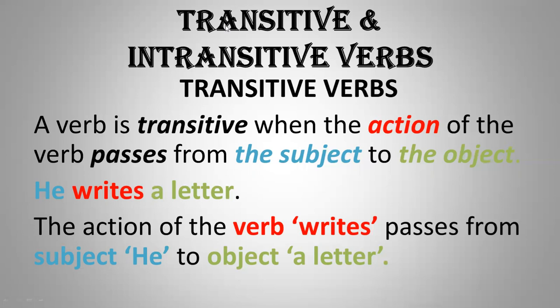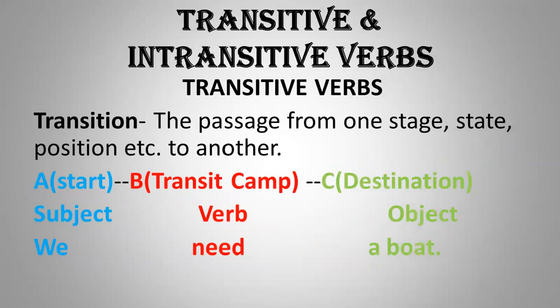Coming to transition, in order to understand transition, we need to know the idea that transition is a passage from one stage or state or position to another. For example, if we have a journey which starts from point A and completes at point C. So C is the destination, and intermediate between this point A and point C, we stop somewhere at point B, and we have our camp there.